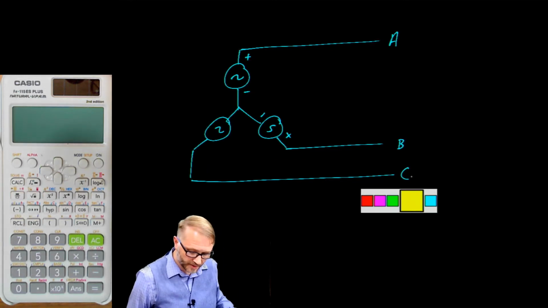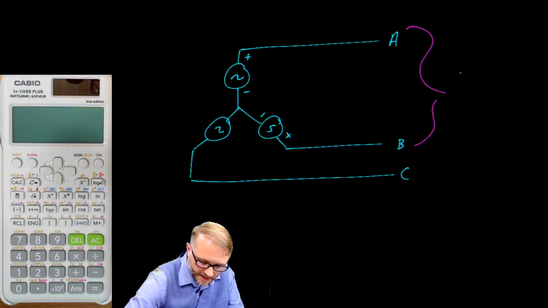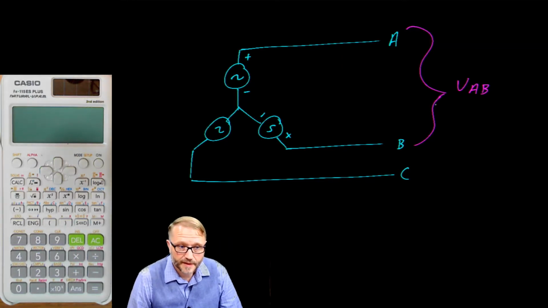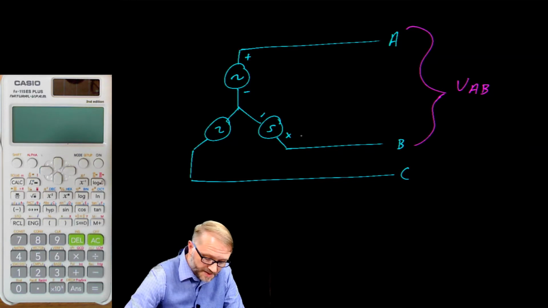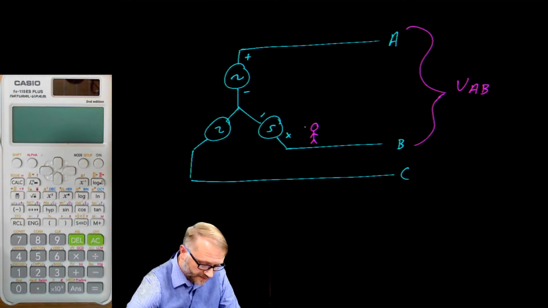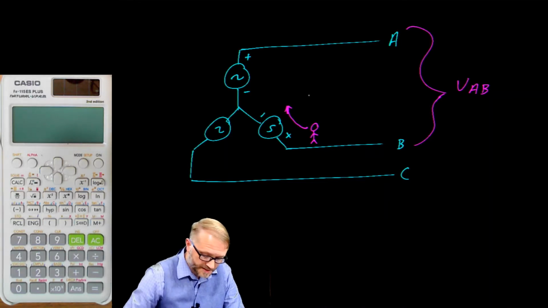At some point in the near future, I'm going to ask you to calculate the voltage A with respect to B. And when we get there, your response is going to be the same as the response you would have given today. You would say, well, muscle memory says I start in the lower left-hand corner and I walk up. And as I go along, I record the voltages.